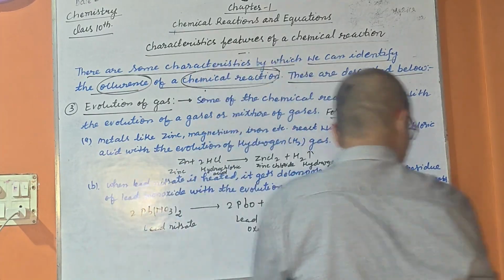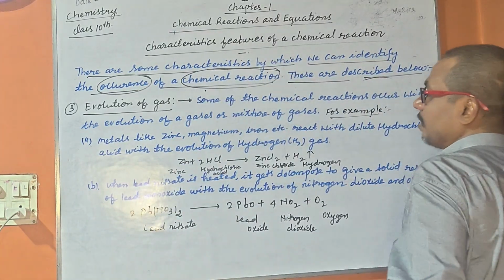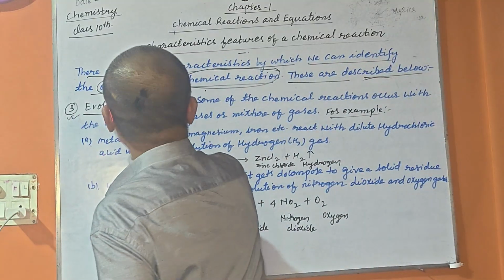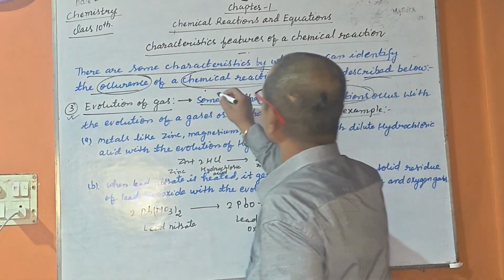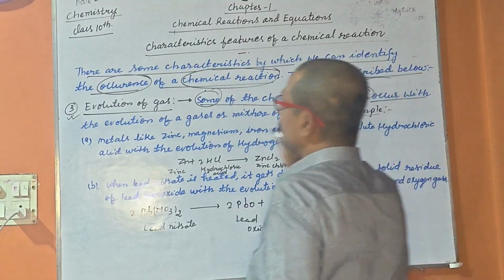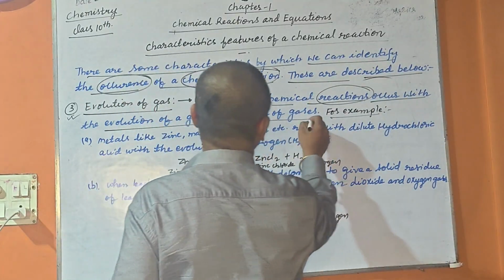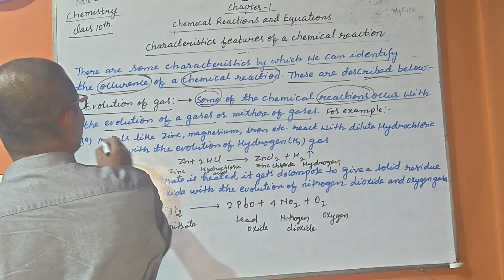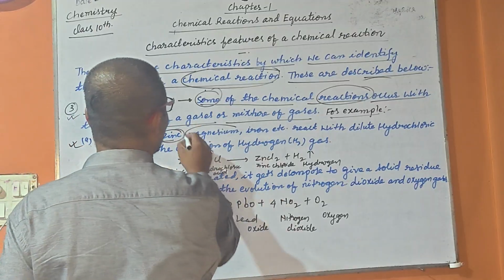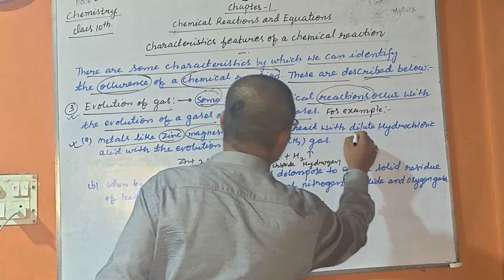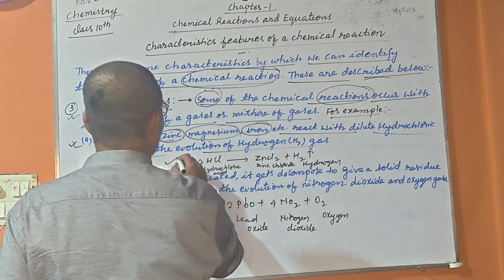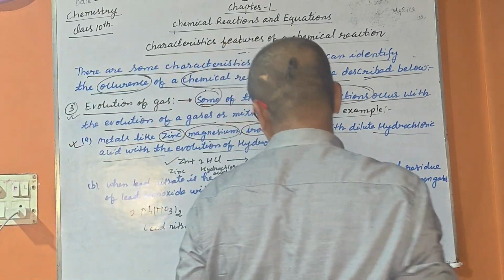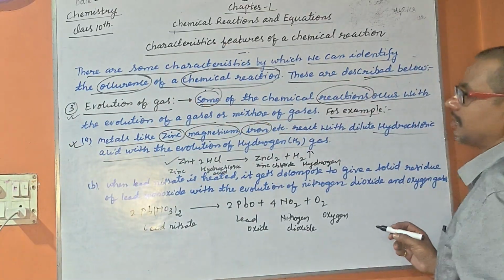So let us understand the evolution of gas. Some chemical reactions occur with the evolution of a gas or a mixture of gases. For example, metals like zinc, magnesium, iron, etc. react with dilute hydrochloric acid with the evolution of hydrogen gas, like Zn plus 2HCl gives ZnCl2 plus H2 gas.